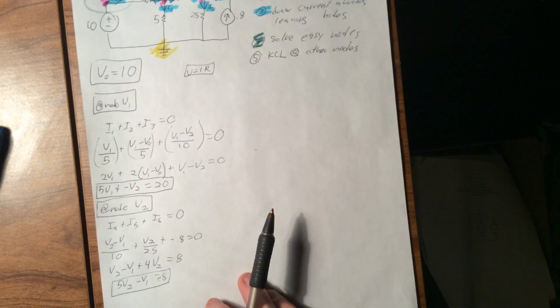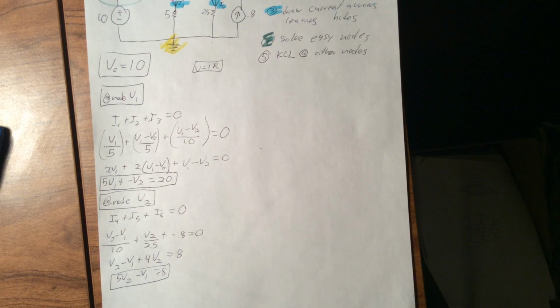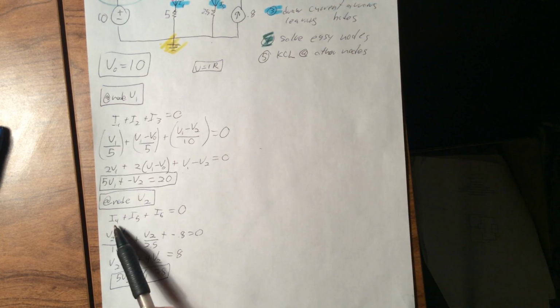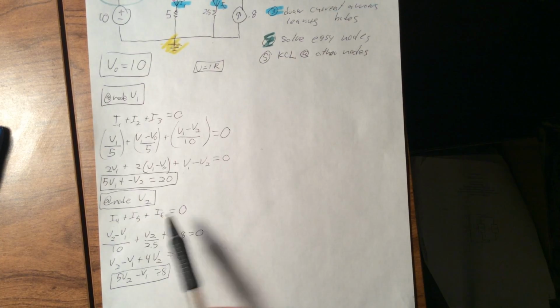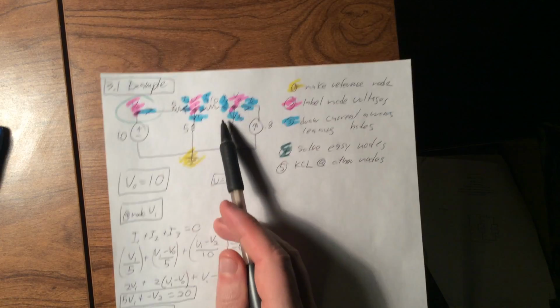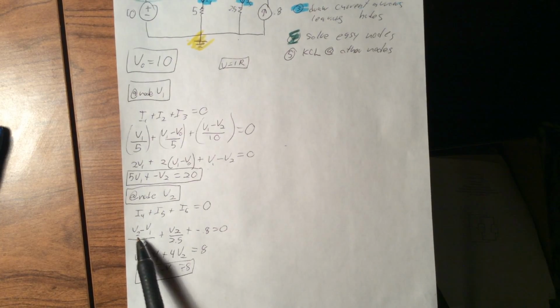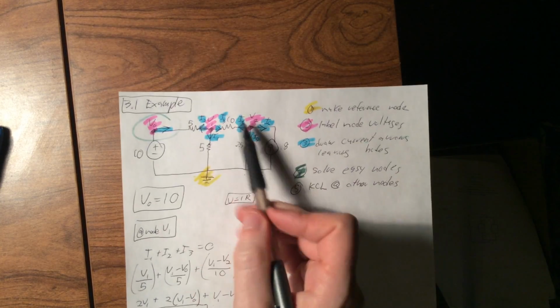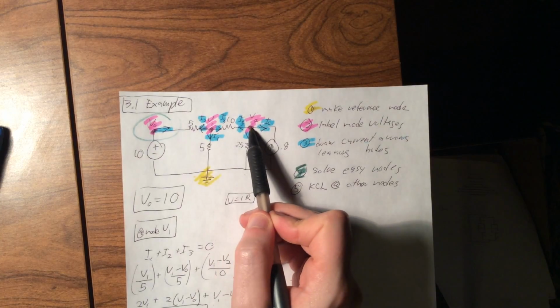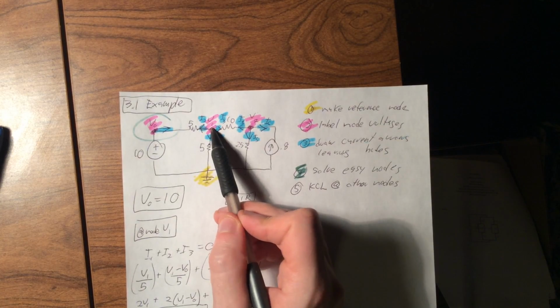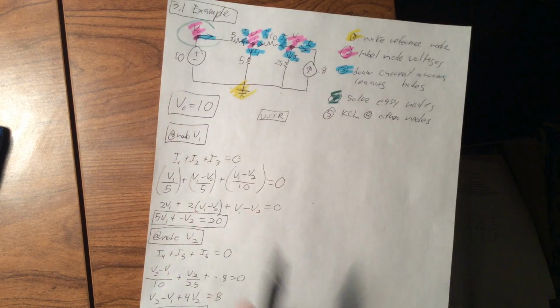Uh-oh. I've been talking, you guys couldn't see that. Well, I'll give you a second to catch up. So just to talk through what I did here. I4 plus I5 plus I6, that's up here at this part. We had the V2 minus V1 over 10 because when we go from here to here, we have V2 minus V1 over the resistor in between.